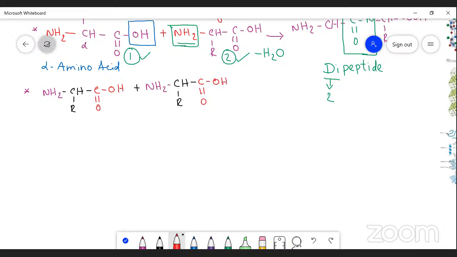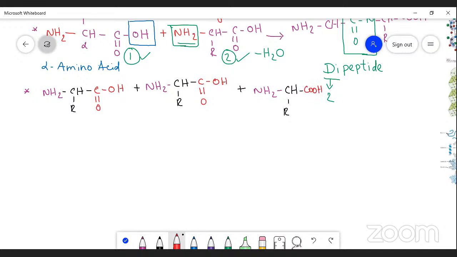Now it reacts with the third amino acid. Here it is NH2, the CH alpha carbon with R, and here the COOH group.